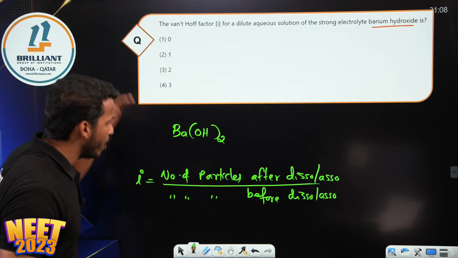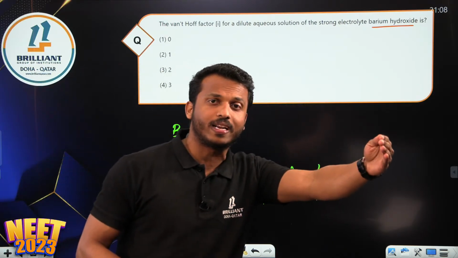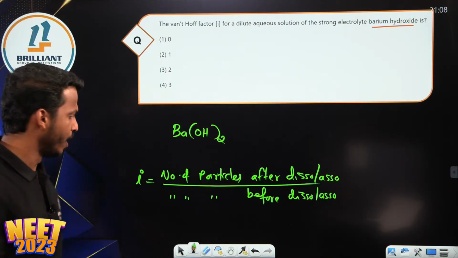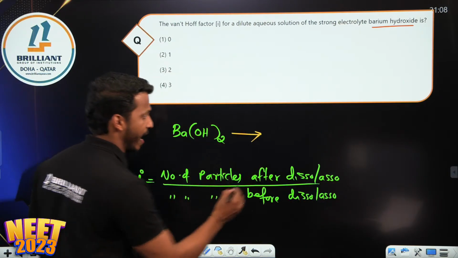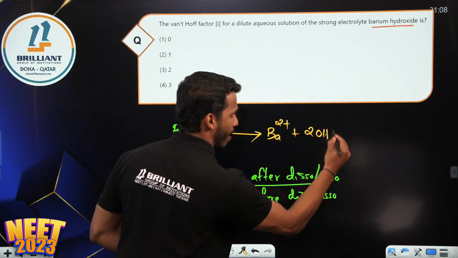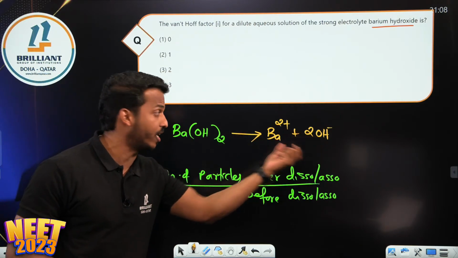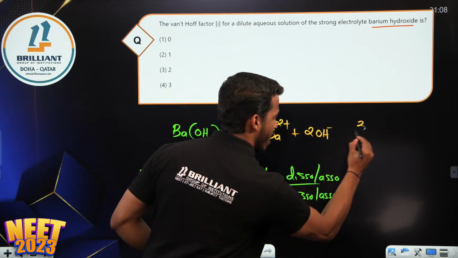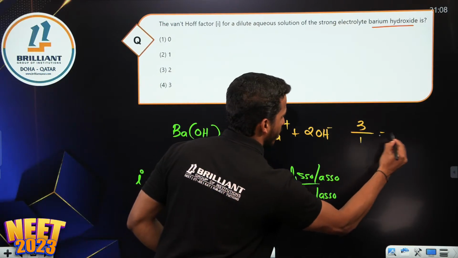Normally we calculate i by how many particles we get after dissociation or association divided by before. In this case, barium hydroxide, when it dissociates, gives Ba2+ and 2 OH-. So how many particles do you get after dissociation? 1 barium, 2 OH, that means 3 ions. So 3 divided by the number of particles before dissociation, that's 1, right? 3 by 1 is equal to 3.